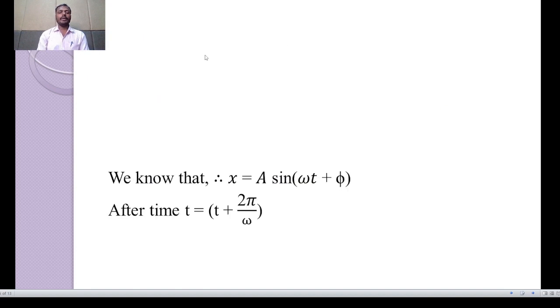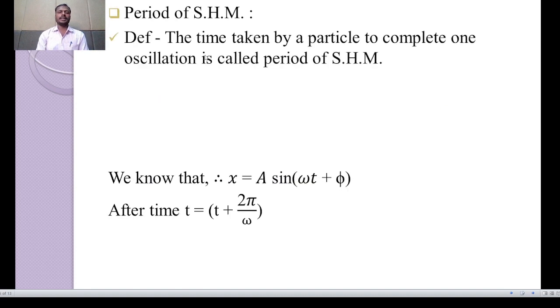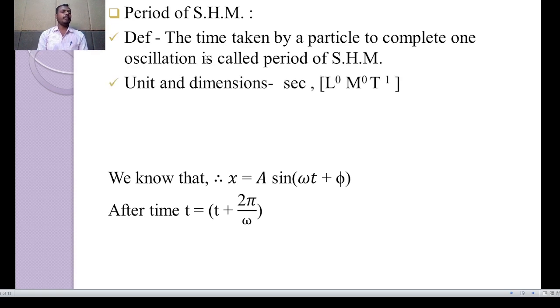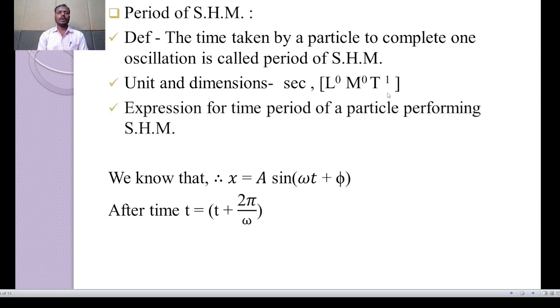The time required to complete one oscillation is called the period of SHM. Therefore, the unit of period is second and the dimensions are L raised to 0, M raised to 0, T raised to 1.